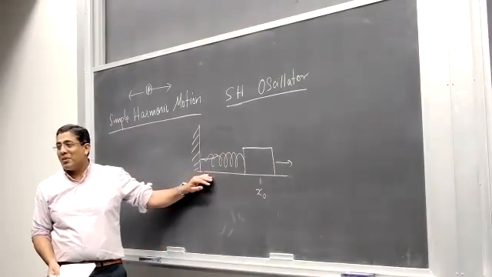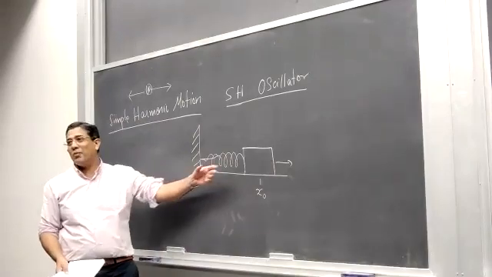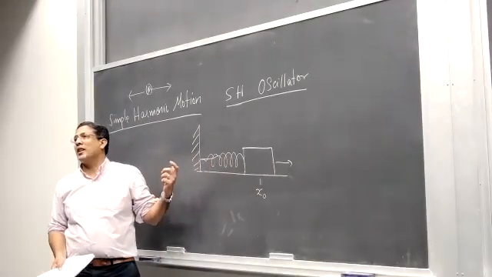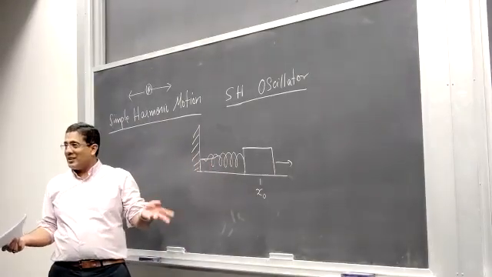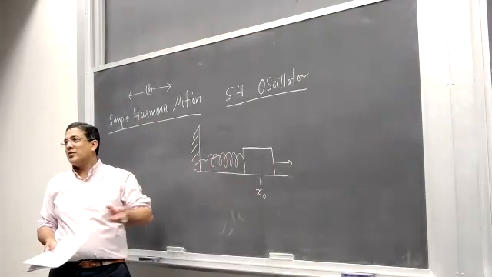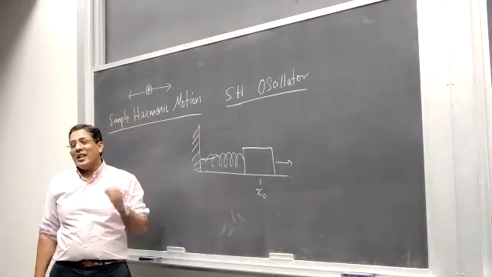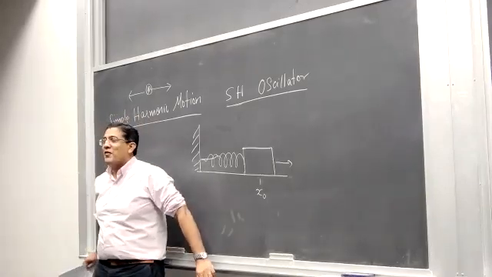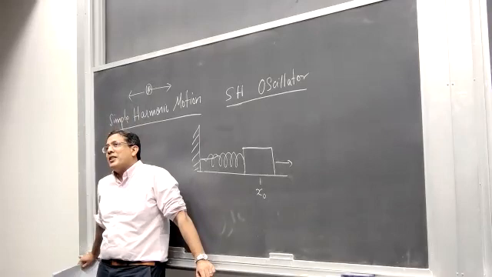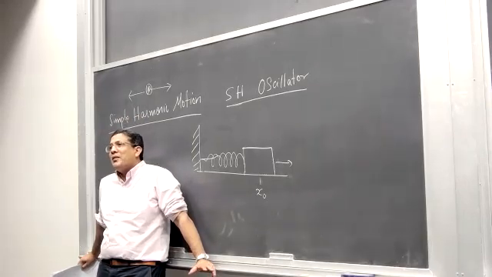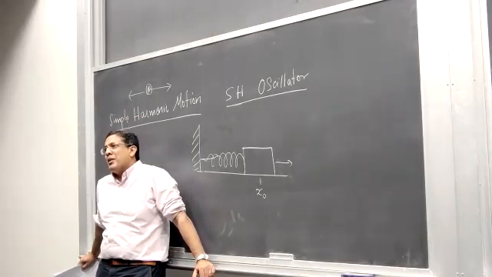Not all simple harmonic oscillators are a block and a spring and a wall. Okay, simple harmonic oscillators, as I said before, can be a molecule. Okay, it can be a building. Say any rigid object which has the ability or tendency to restore back when pushed out of its equilibrium position can be in some limit modeled as a simple harmonic oscillator.